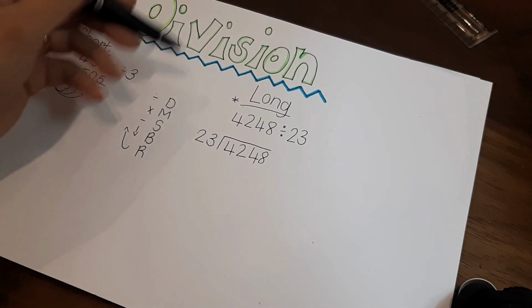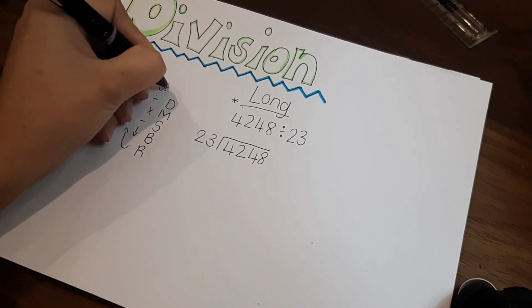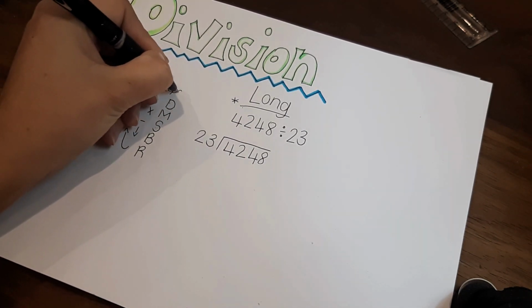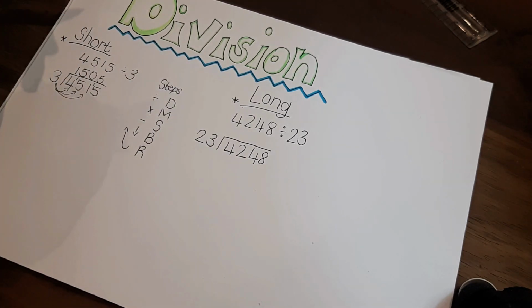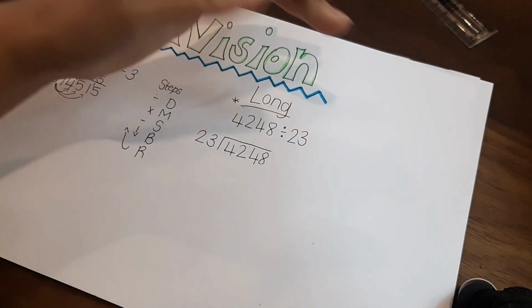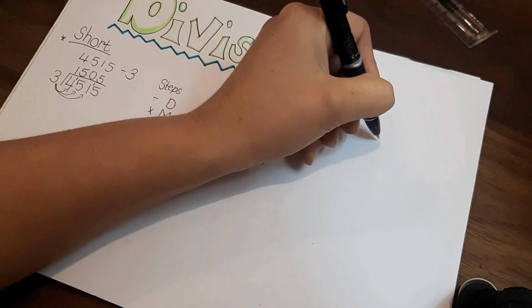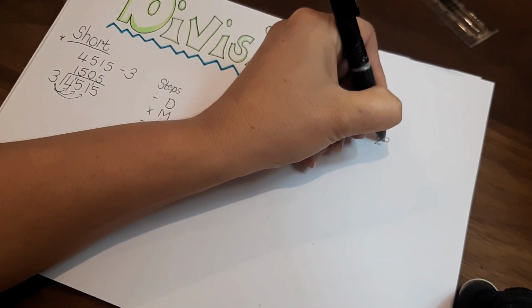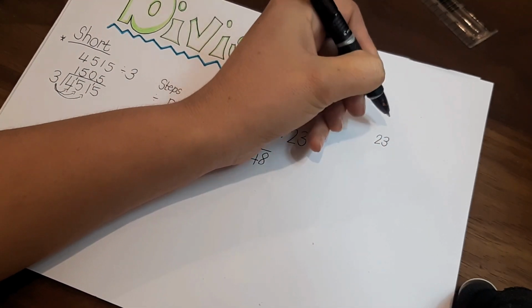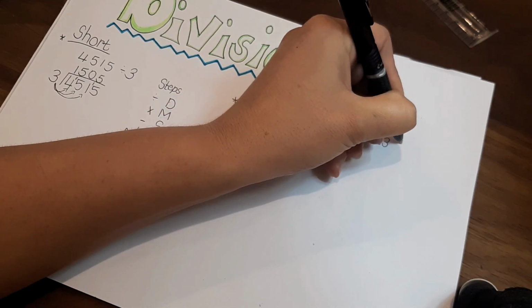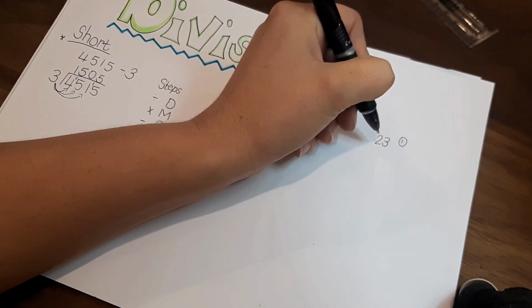So after you wrote down your steps, I encourage you to go and write down your 23 times table. All right, so I'm going to move over to this side just to write it down for you guys. We start with 23. Now, if I count in 23s, 23 is the first multiple.